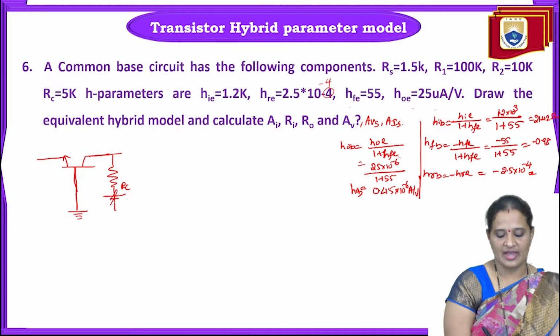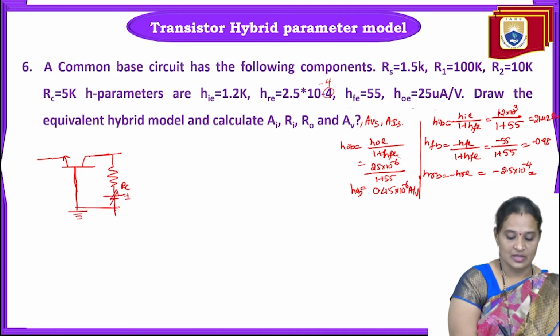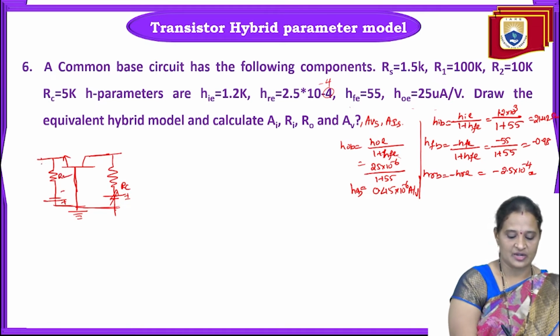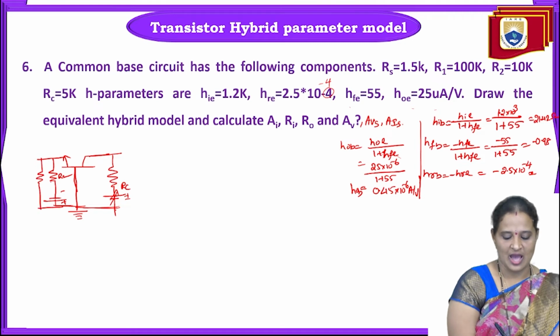The biasing will be like this, plus and minus. Then at the input side we have R1 in parallel with R2. As we need to provide biasing such that the emitter to base junction is forward biased, this is R2 and this is R1, and those two are in parallel here.